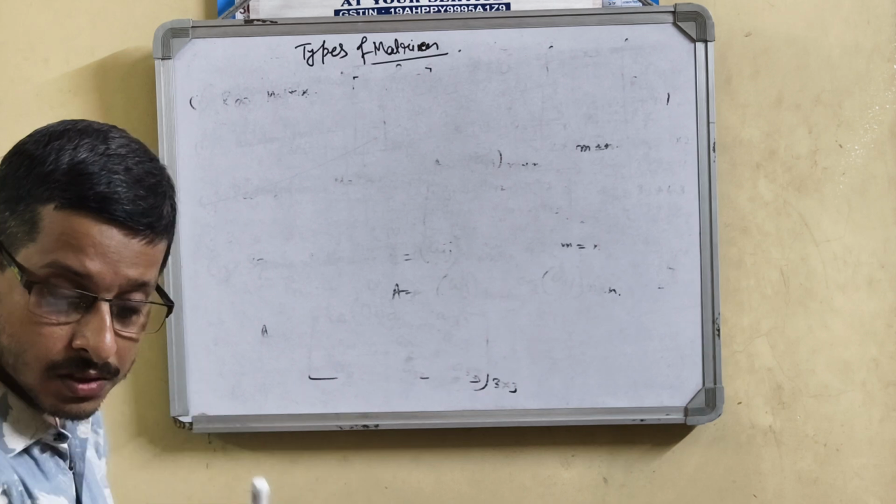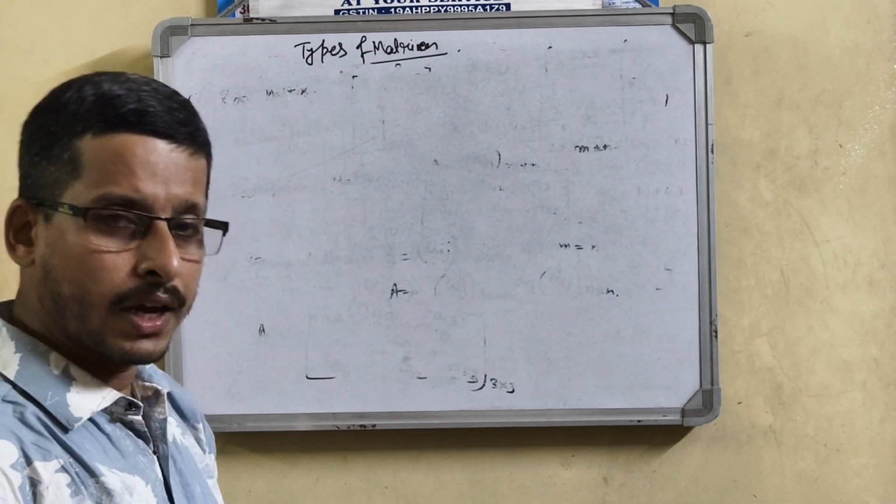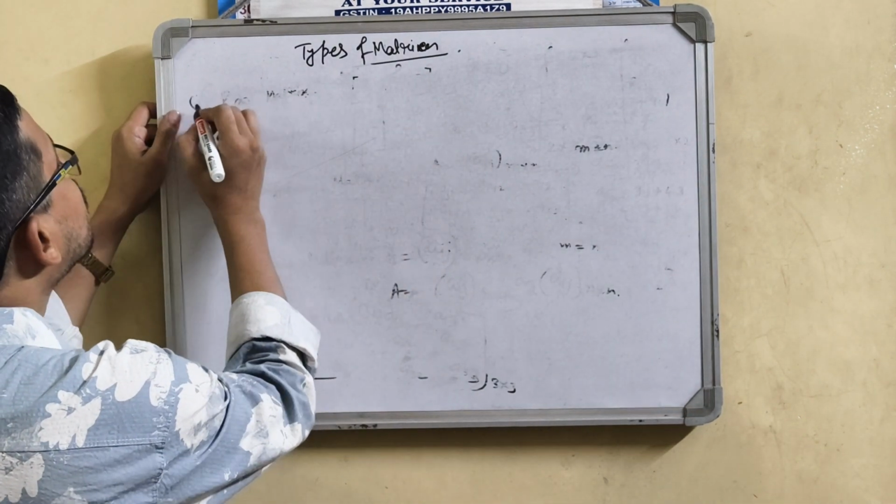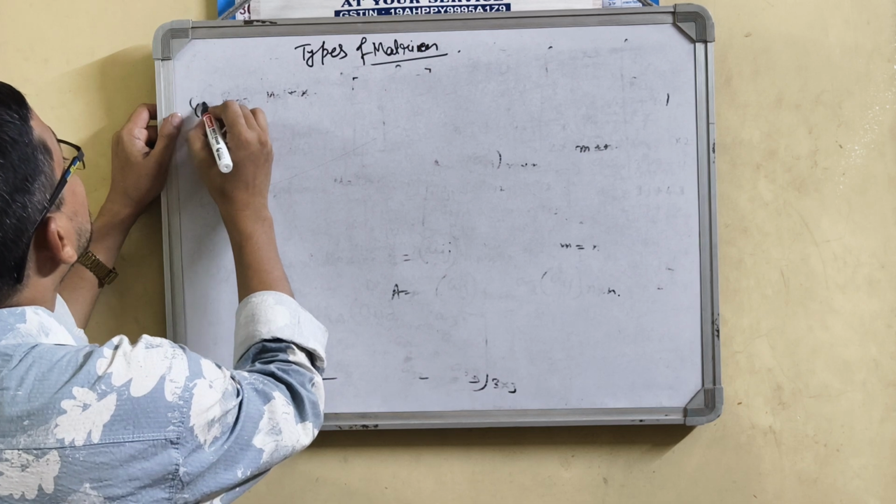Then a matrix is said to be the upper triangular matrix or the lower triangular matrix. 4.